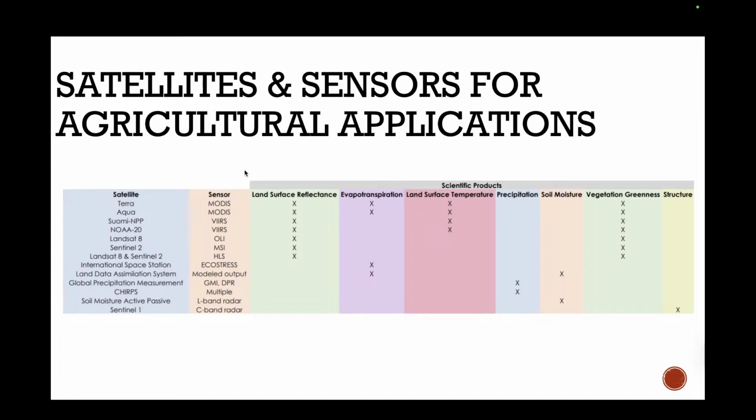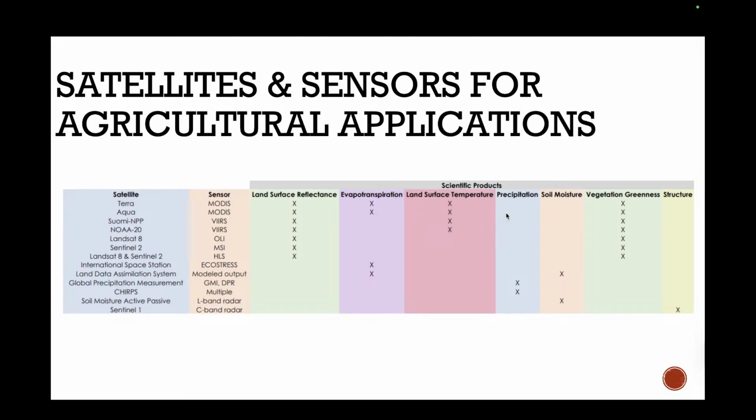So this is one kind of chart. This chart shows you all the scientific products, so which sensor provides which data. Suppose you need soil moisture data, you can simply check which sensor provides it. If you need vegetation greenness data, you can simply check which sensor or satellite gives it. If you need precipitation data, you can check which sensor or satellite gives it.